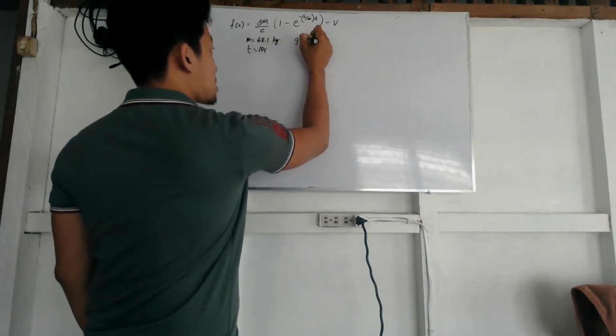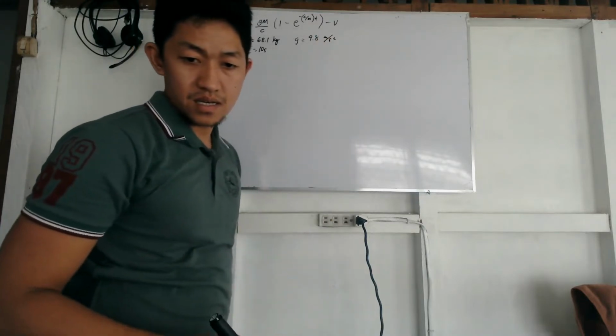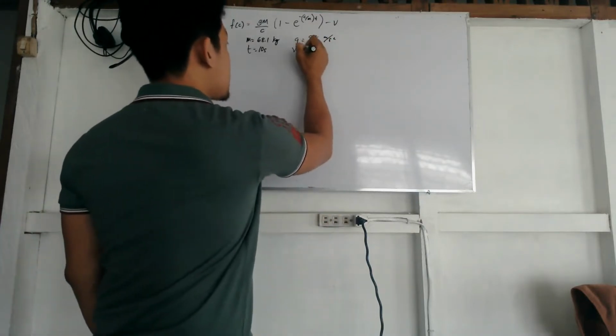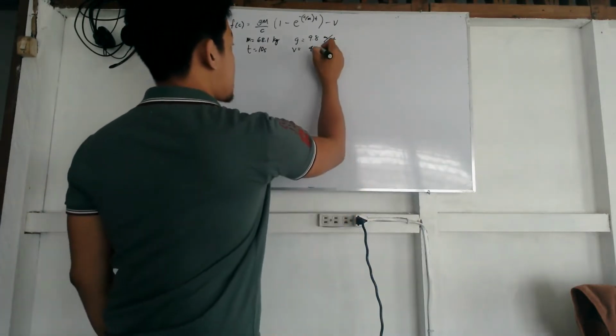We know that g is 9.8 meters per second squared, and v, the velocity, is 40 meters per second.